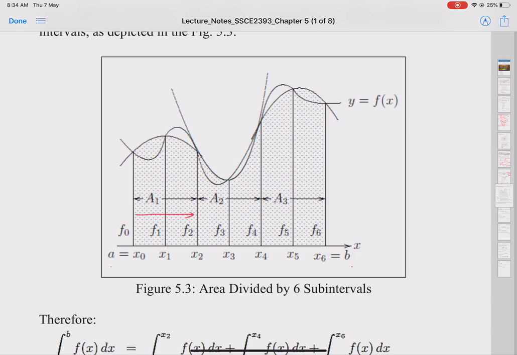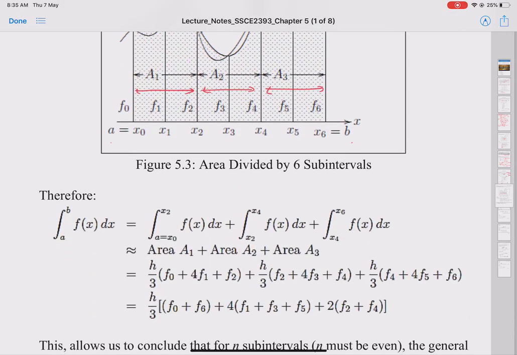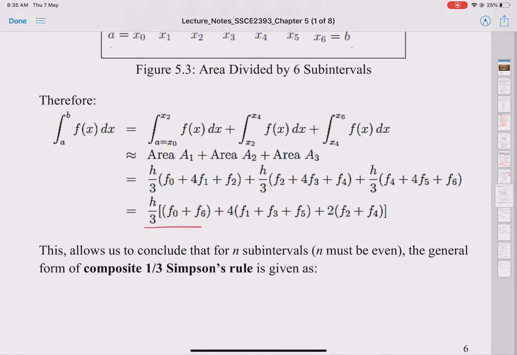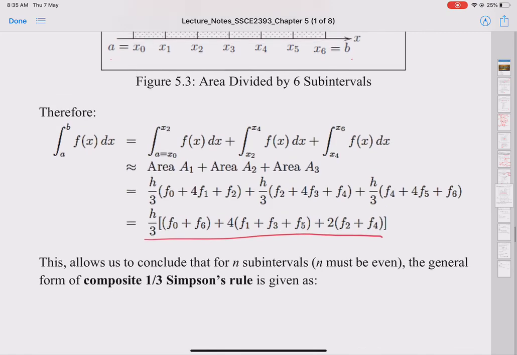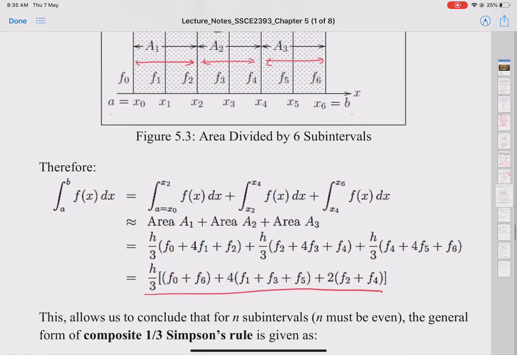Here is one formula, here is one, and here is one. And the idea is area 1 plus area 2 plus area 3, and then after that you will get this formula: h divided by 3, F0 plus F6 plus 4 plus 2, F2 plus F4.